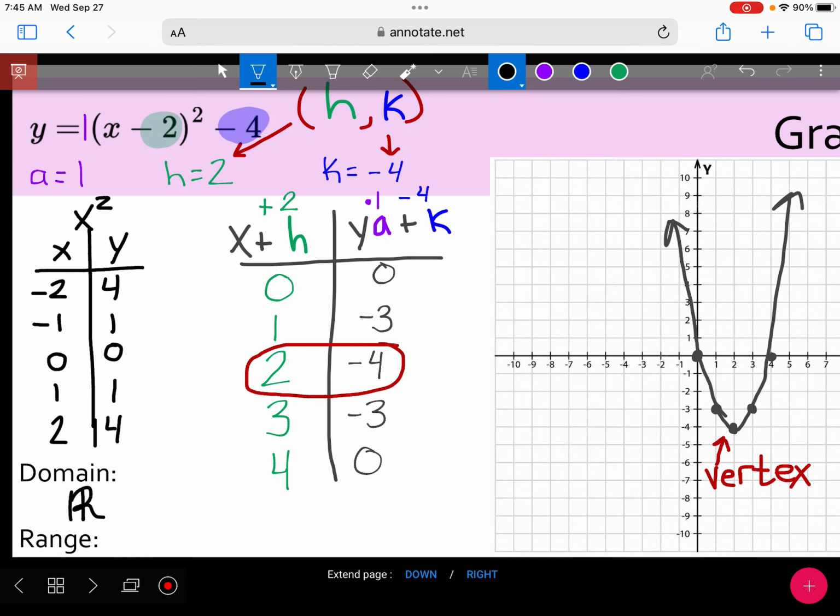How about our range? Yep. From -4, square bracket, to infinity. Our range is always going to involve K in some way, shape, or form for a parabola.